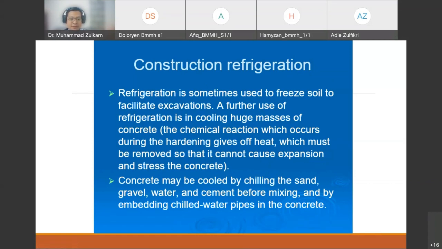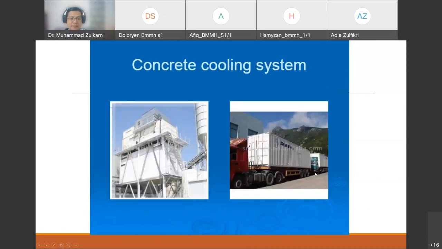Concrete may be cooled by chilling the sand, gravel, water, and cement before mixing, and by embedded chilled water pipes in the concrete. This is another application in civil construction, which also uses a refrigeration system.